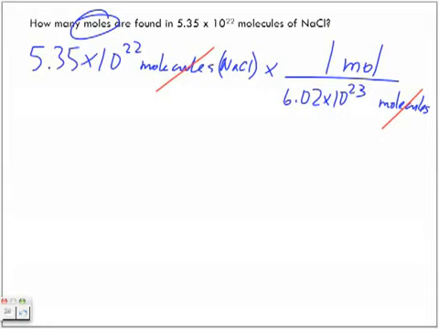So we're going backwards now. We're going in the opposite direction to get what we're looking for. Right? So, in actuality, what we're doing is really we're just dividing this by that, according to the way I showed you guys the formula. Or you can use the factor labeling method to be able to cancel things out. So we're going to multiply 5.35 times 10 to the power of 22 by 1, and then divide it by 6.02 times 10 to the power of 23.